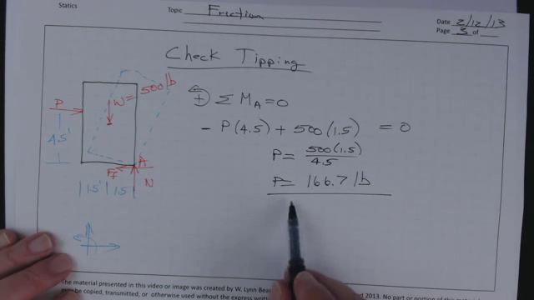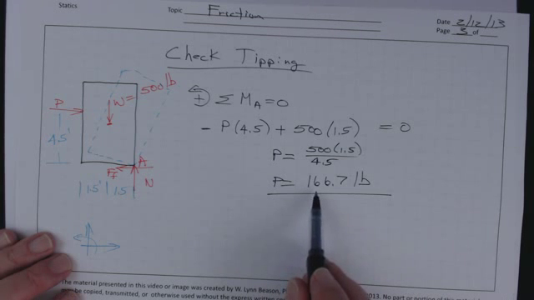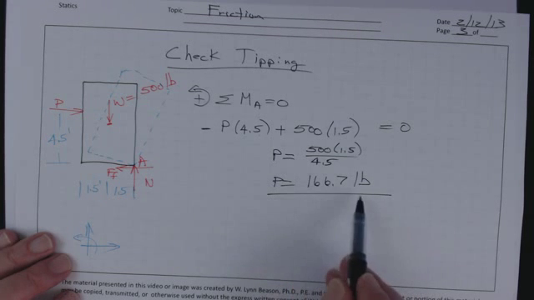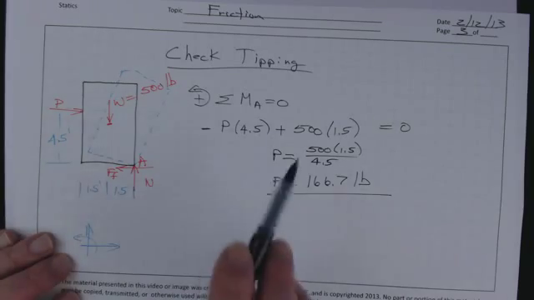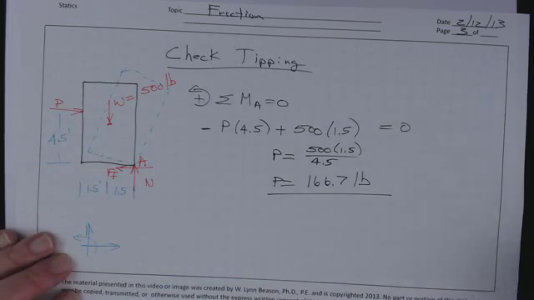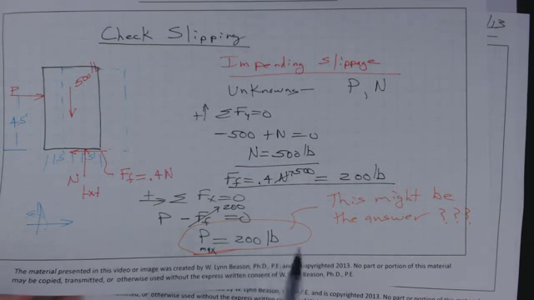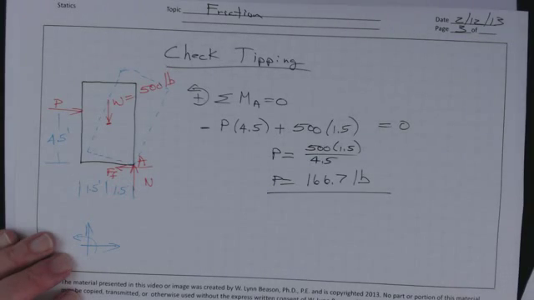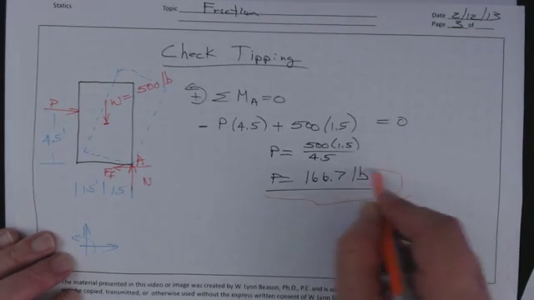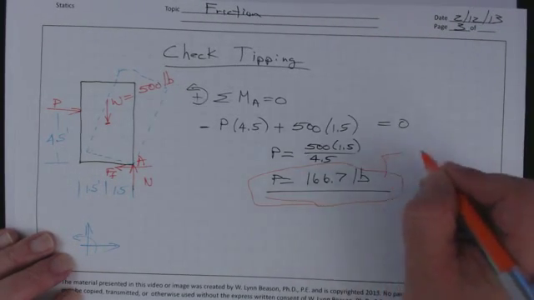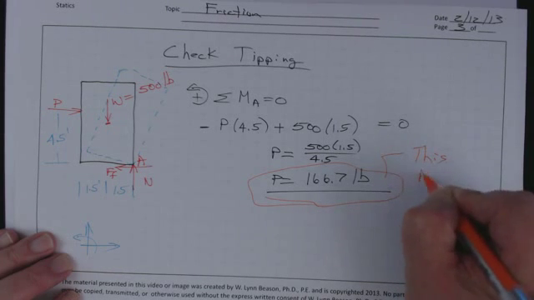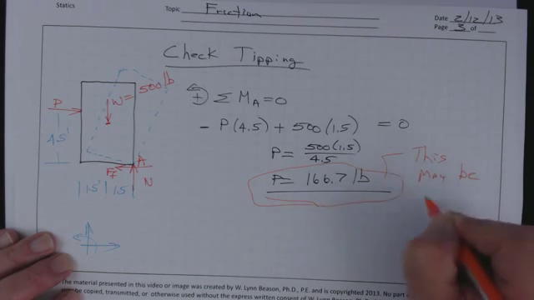So it only takes 166.7 pounds to tip the object. But it takes 200 pounds to slip the object. So you say, this may be the answer.